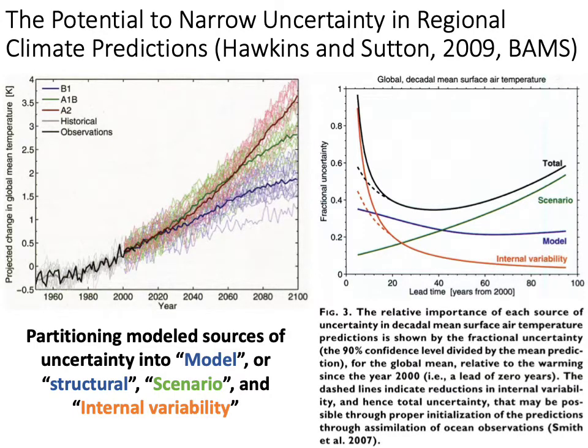Hawkins and Sutton, 2009, derived a framework for narrowing uncertainty through the exploration of model or structural uncertainty in contrast to the uncertainty associated with scenarios applied to models and the internal variability that is represented within the models, such that the internal variability drives the highest uncertainty initially in these models, whereas model structure contributes on medium time scales, ultimately to be dominated by scenario uncertainty on longer time scales.